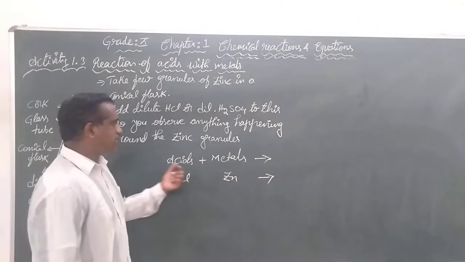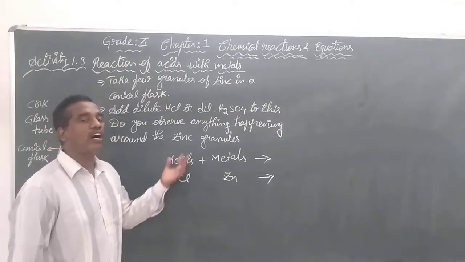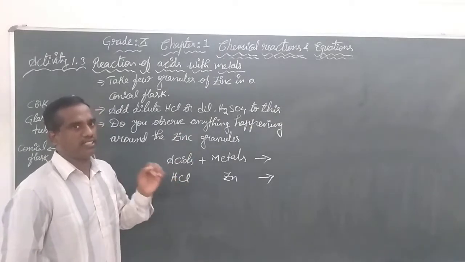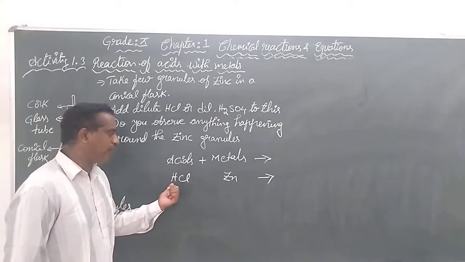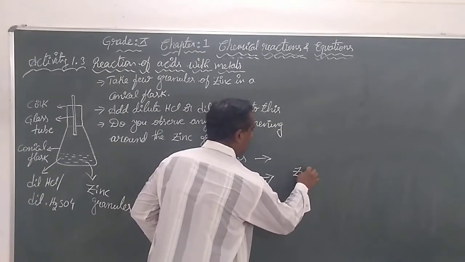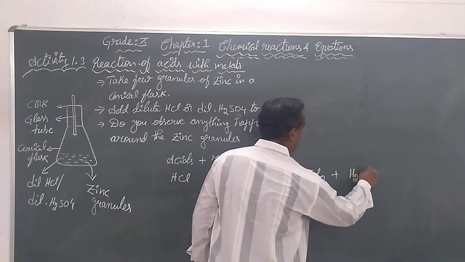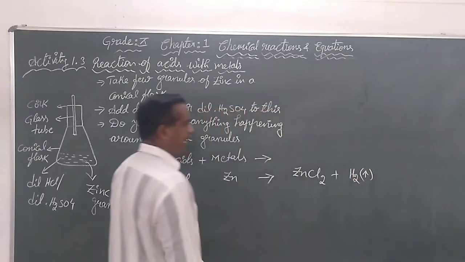The metal will displace hydrogen from the acid in the form of hydrogen gas, and in return it will combine with the remaining atoms of the reactants.